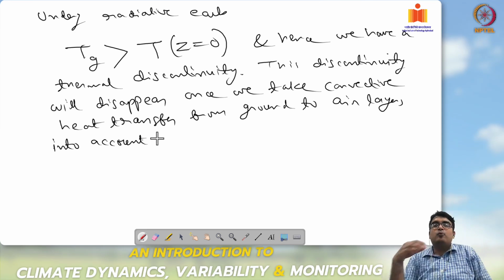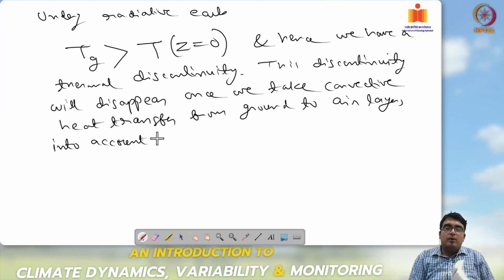Okay. So we won't have this sharp discontinuity because we have to take into account the convective heat transfer as well between the land and the air layers above it. So if we take that into account, then this thermal discontinuity disappears. Okay.